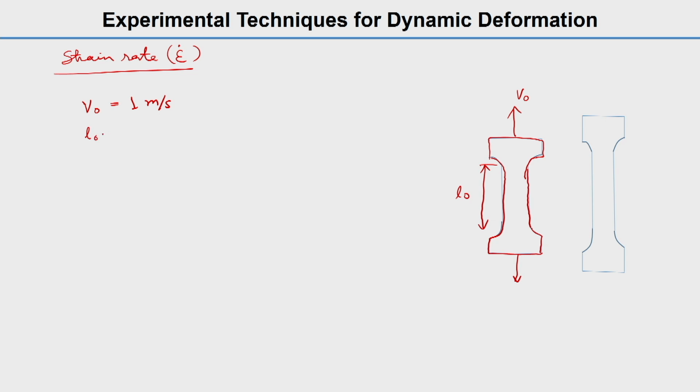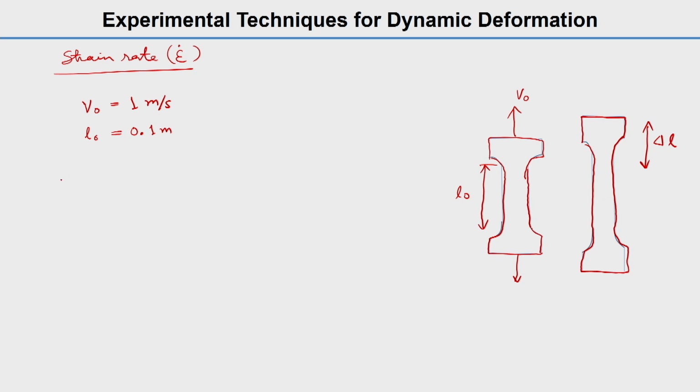L naught here, let us assume, is 0.1 meter, or 100 millimeter. Now, the final shape is something like this, and the change in this length, let us say, is delta L.